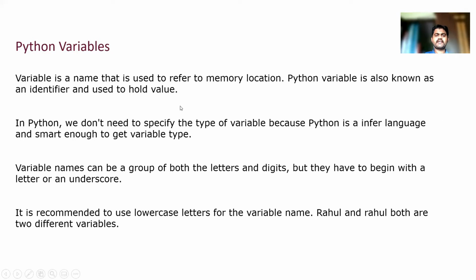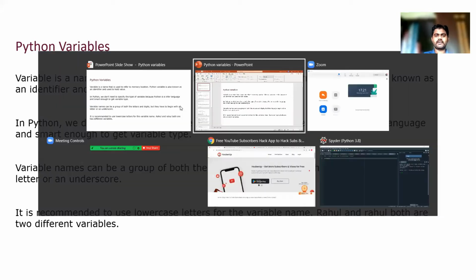So how to define a variable in Spyder? We already installed Spyder, right? If we simply say a equal to 10, the variable is a and the value assigned is 10, and Python thinks that 10 is an integer. If we say a equal to 15.6, the value assigned is 15.6, and Python assumes the data type is floating point.